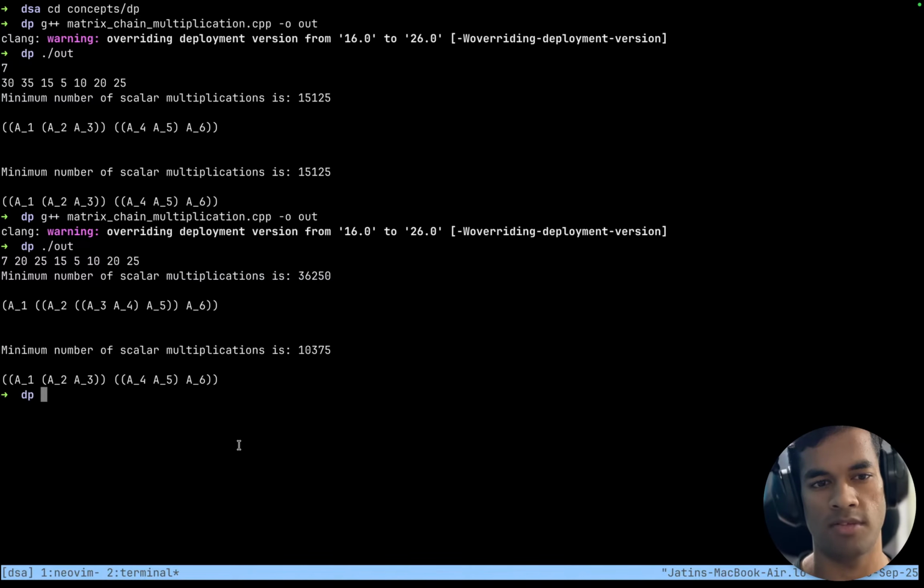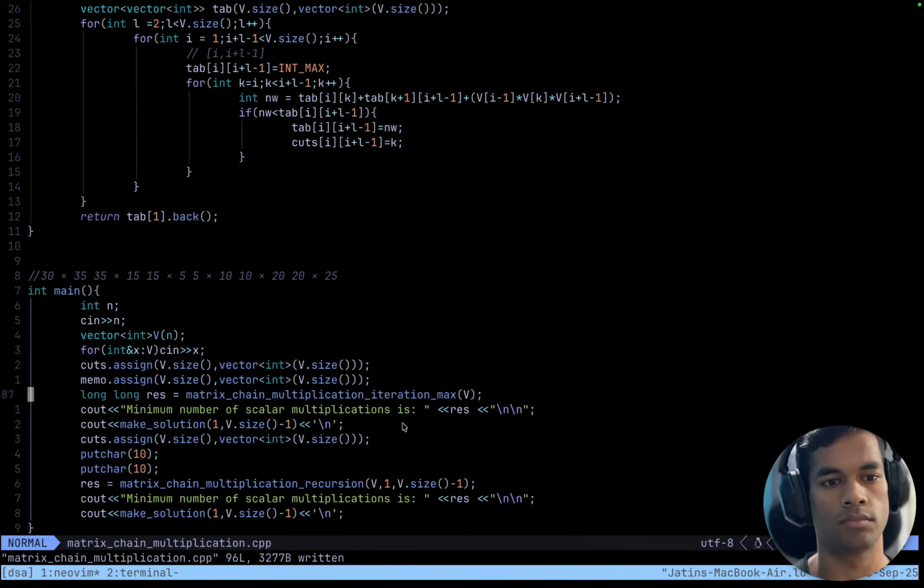Okay, I messed up at some point. Minimum number of scalar multiplications, and here instead of recursion, let me call the iteration variant.